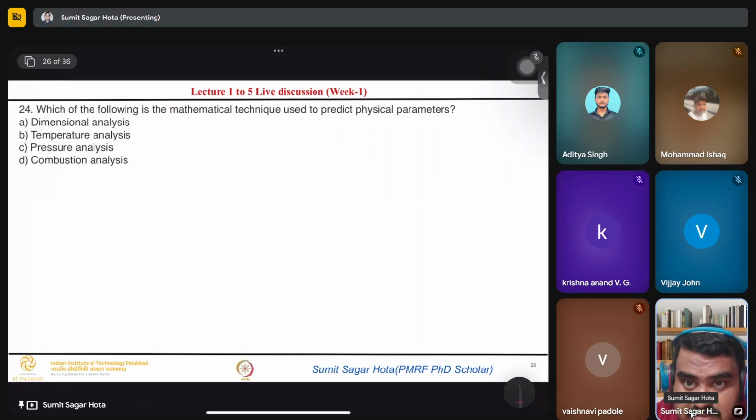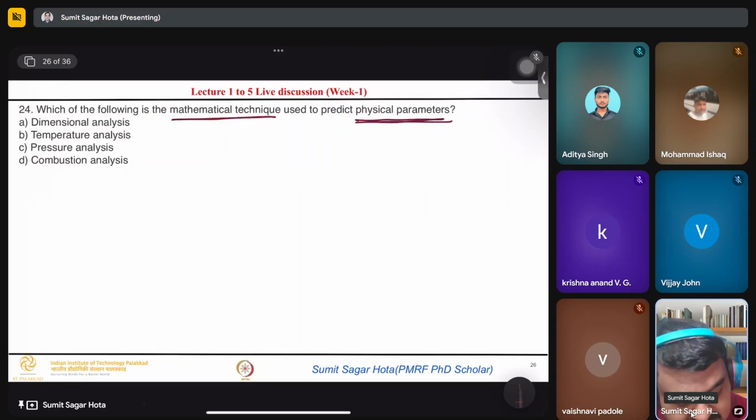Which of the following is the mathematical technique used to predict the physical parameters? This is a mathematical technique to predict the physical parameters, like pressure, temperature, and all these parameters.